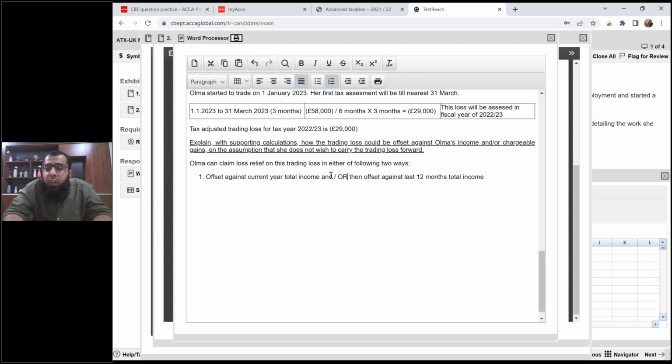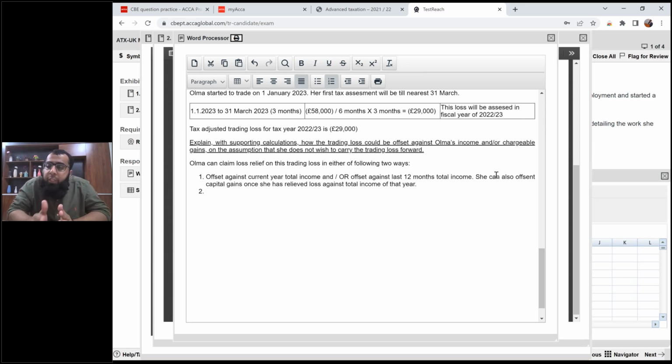Since the sequence is not necessary, she can and or she can directly go back to the last 12 months also. Offset against current year total income and or then offset against last 12 months total income. She can also offset capital gains once she has relieved loss against total income of that year.